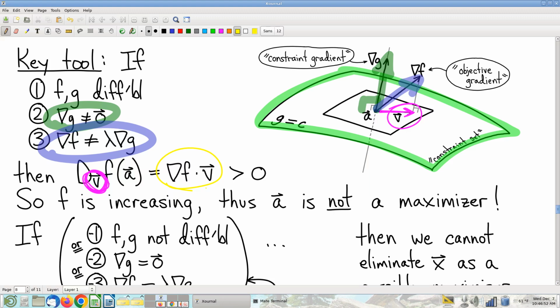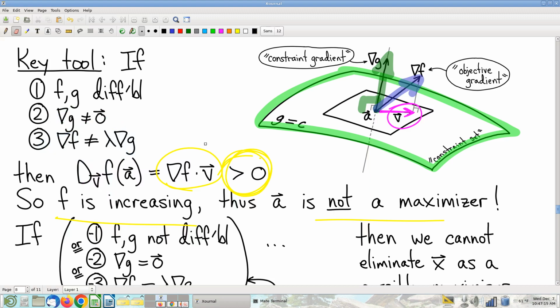This dot product is not zero. It's positive. That means the function's increasing. And if the function's increasing, then it's not a maximizer, and we win. Does that make sense to everybody? Okay. All right. So, pretty neat deal.